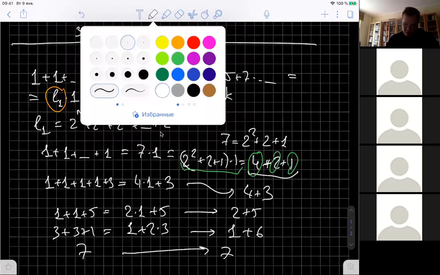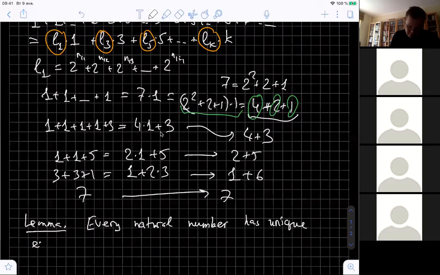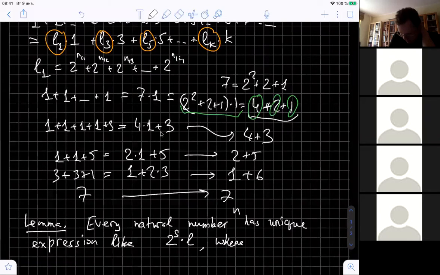Because of an easy lemma: every natural number n has a unique expression of the form 2 to the power s times L, where L is odd.